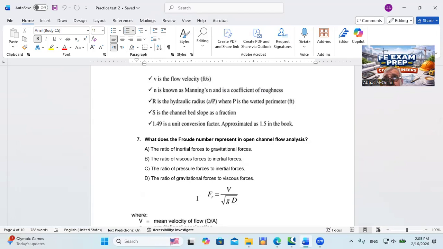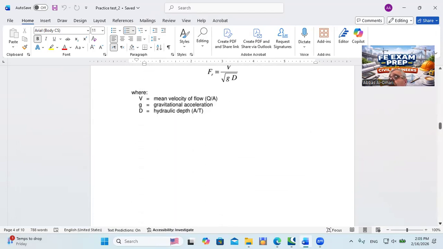Now, supercritical flow is characterized by high flow velocity, shallow. It has high kinetic energy and low potential energy, while subcritical flow is deep and slow. Subcritical flow has high potential energy and low kinetic energy. So this is how you can sometimes distinguish between subcritical and supercritical by just looking at the flow.